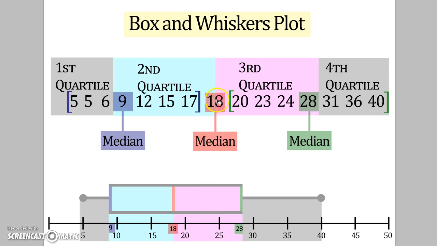And then once we found our median value, we split it into 2 sections, first and second, third and fourth. Then we found the median value of each section, and those median values created our box. Outside values created our whiskers. So that's a box and whiskers plot.